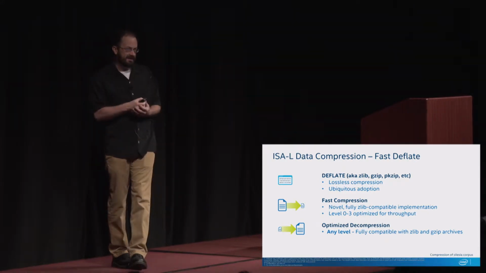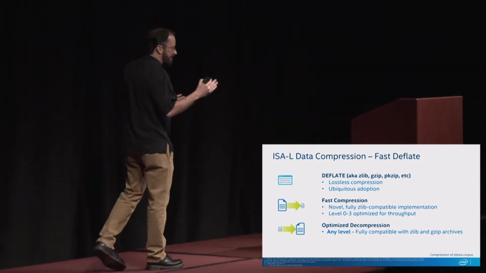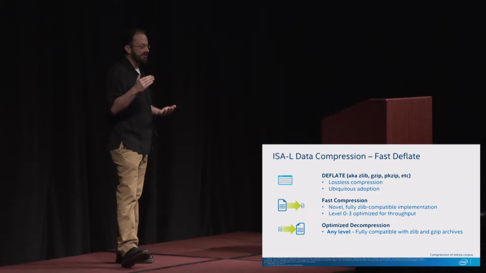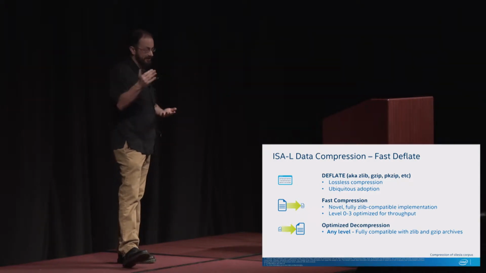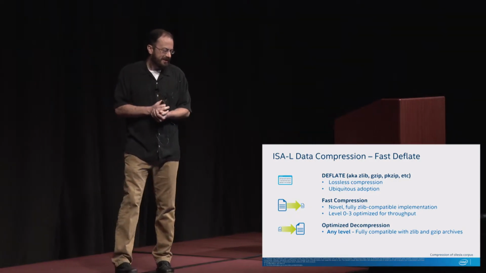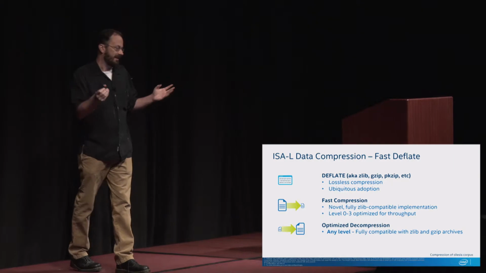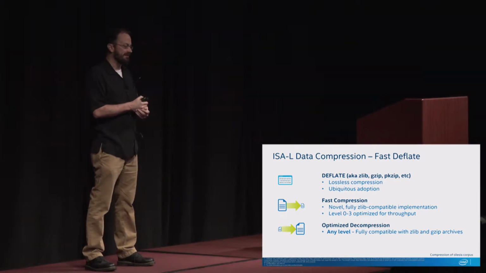This is on a Celestia standard. So we made a lot of improvements, both to compression ratio and to throughput. And this is for levels 0 through 3. And then we also have a decompression, and it works on any level, any deflate stream that we can decompress.